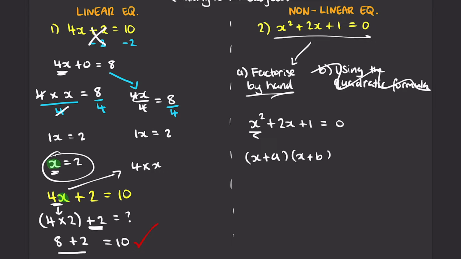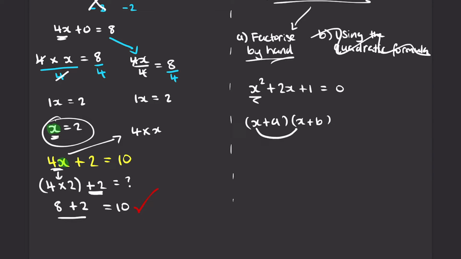So expanding would obviously be like this, getting this variable multiplied by this variable, and then the x multiplied by the b, the a multiplied by the right hand x, the a multiplied by the b, and that's how you expand brackets. So I'm going to assume you know how to do that.